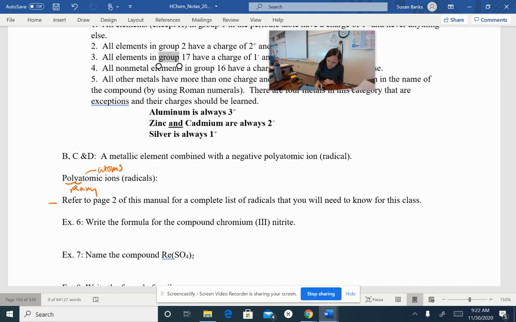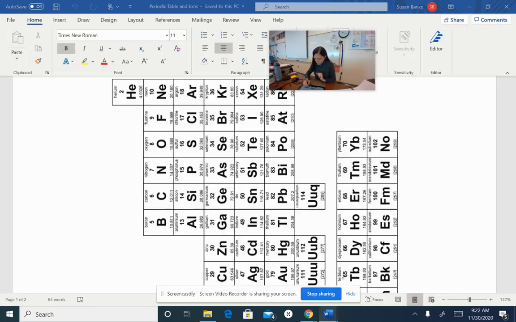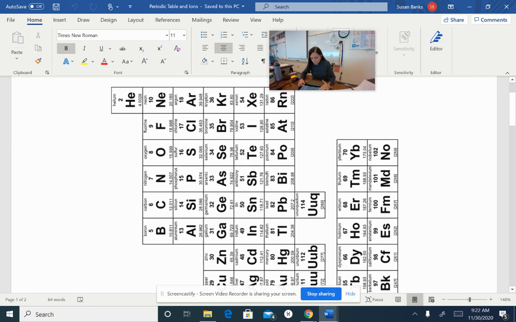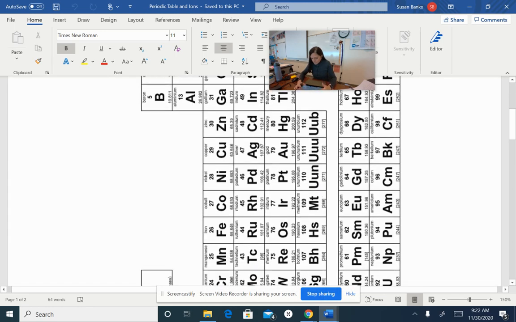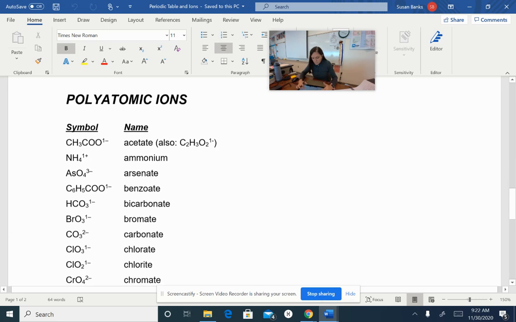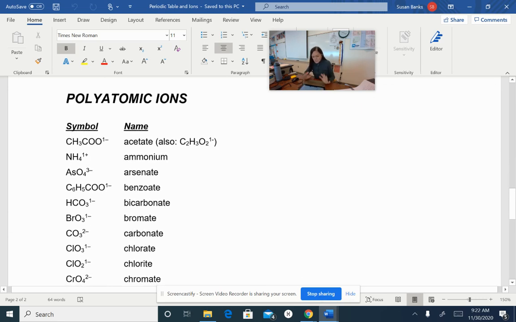Now, they're on the back side of your periodic table that's at the very front of your workbook. So if you go to the front of your workbook, you're going to see this periodic table. And then on the back side of that periodic table, we're going to have this polyatomic sheet.